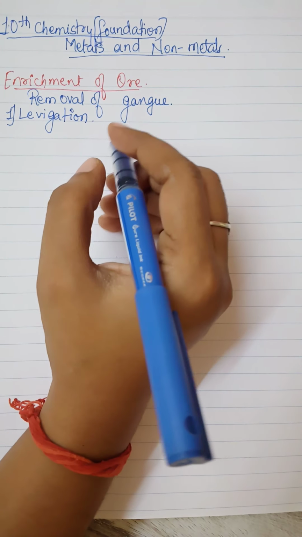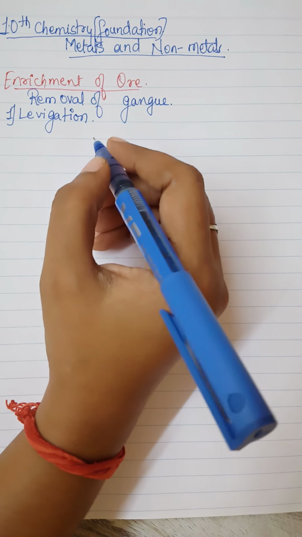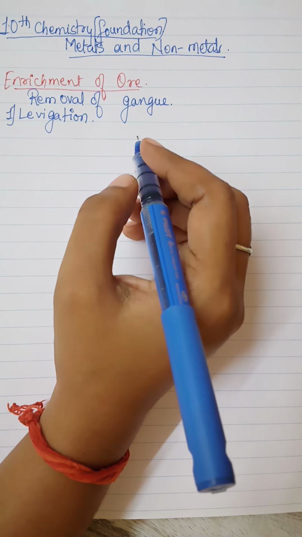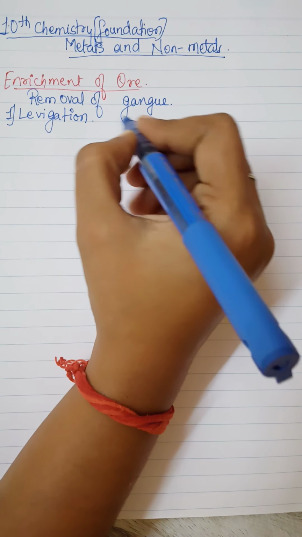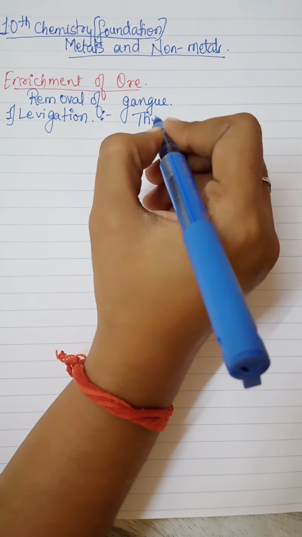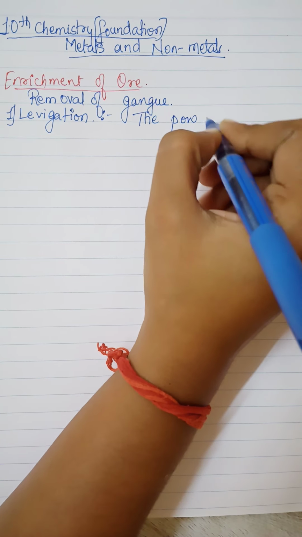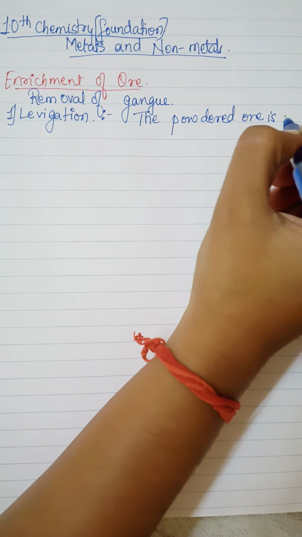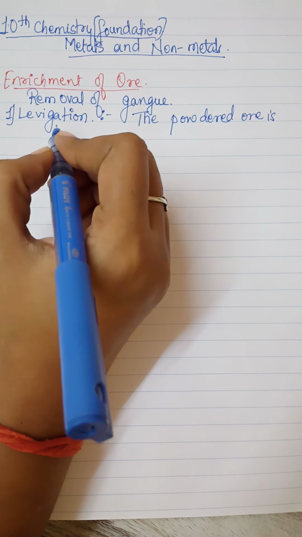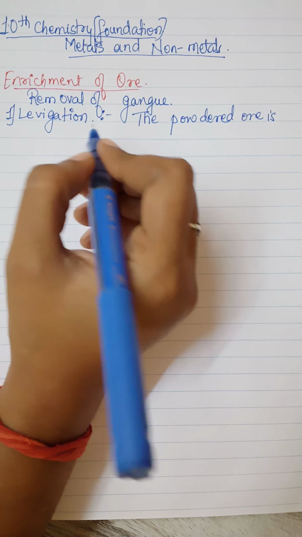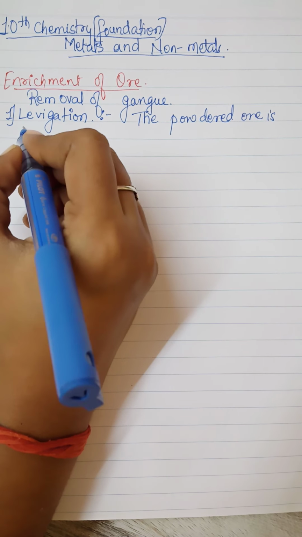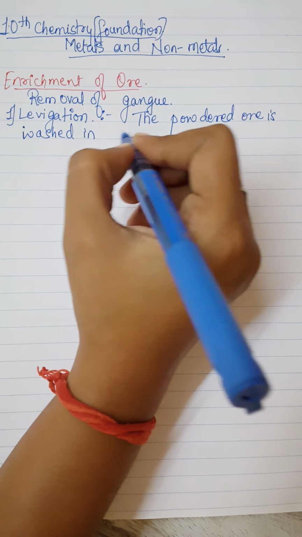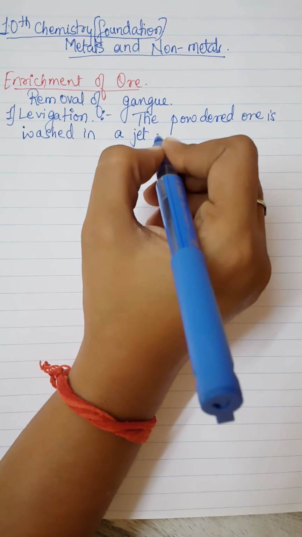So what exactly is it? Basically the powdered ore is washed properly here. So we can say the powdered ore is washed in a jet of water. Okay, ore is washed in a jet of water.